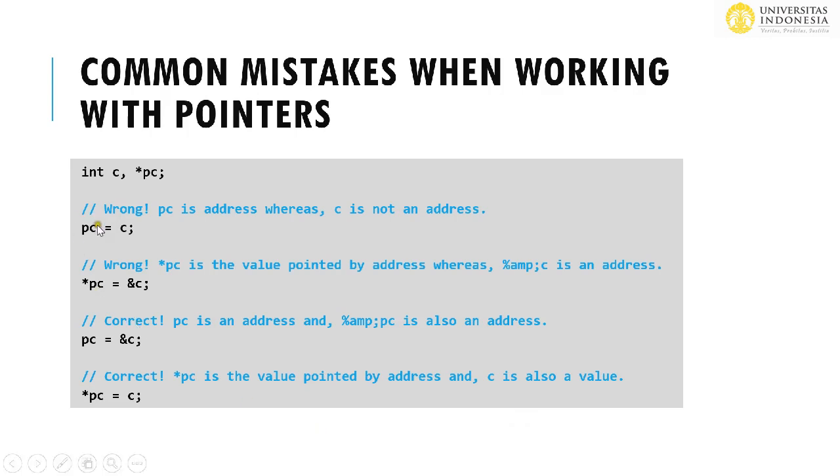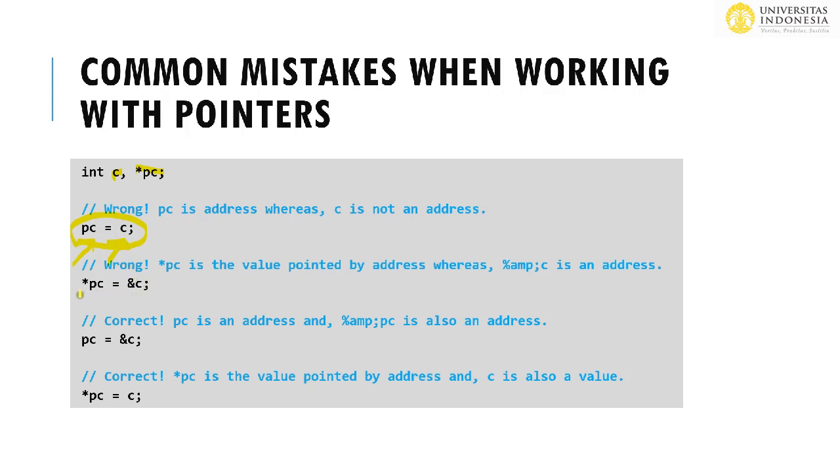For example, here PC is a pointer, and C is an ordinary integer variable. So if you just assign one to the other like this, it will be an error during the compilation process.